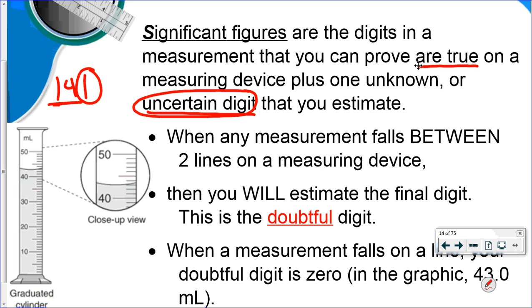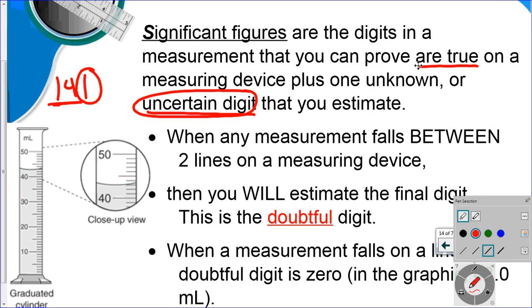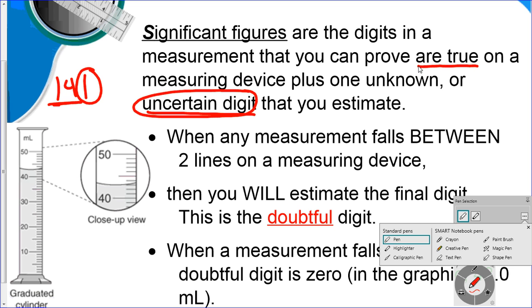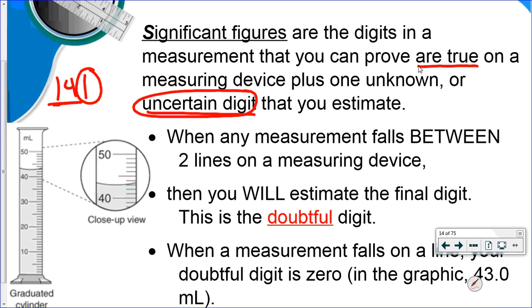Always. So let's look at the graduated cylinder. What part of the graduated cylinder do we look at? Very good, the meniscus, that little curve. That tells us exactly what my volume is. Do I know for sure that I have 40 milliliters? Yeah. Do I know for sure I have 41, 42, 43 milliliters? Yeah. So I can say I have 43 milliliters.